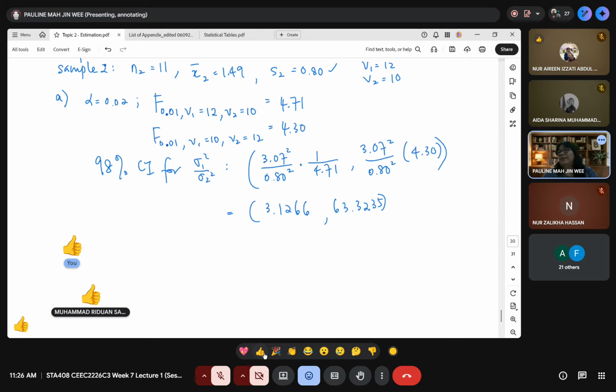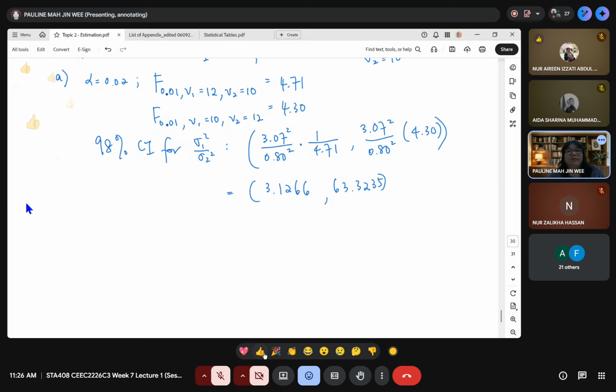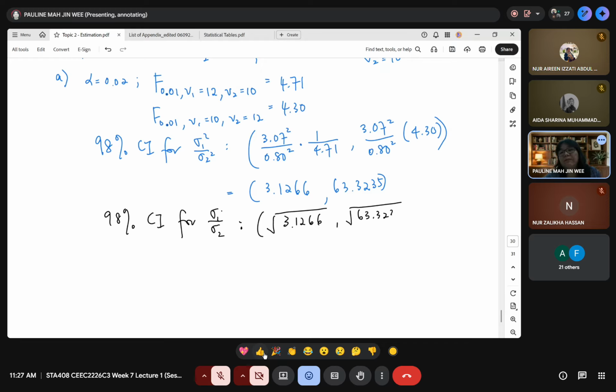Okay, very good. So now our 98%, because the question wants both, sigma 1 over sigma 2, the standard deviation now. So it will just be the square root of 3.1266 and the square root of 63.3235.